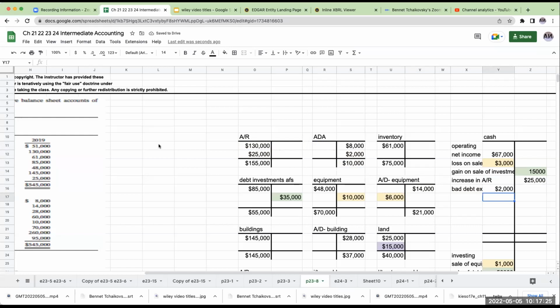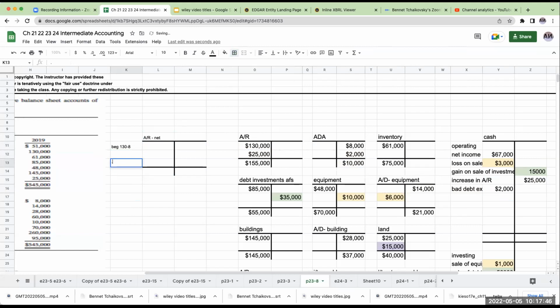The book does it a little bit differently, and I can kind of see why, because when it comes to the direct method, I think that you would have to take this into account. But if we say accounts receivable net, my beginning balance is going to be 130 minus 8,000.